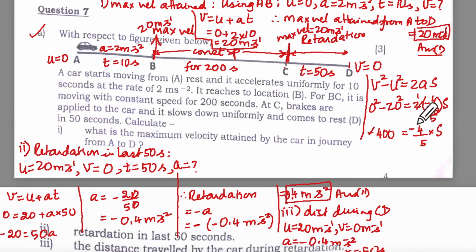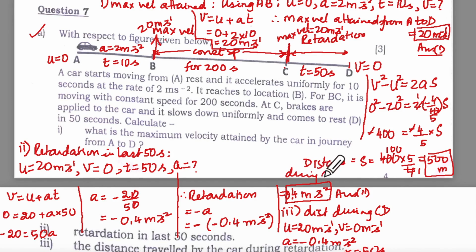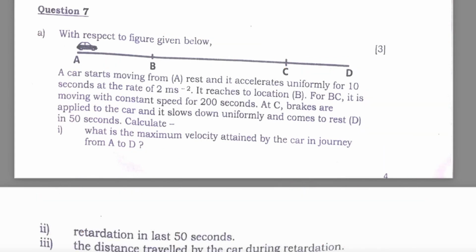Now minus and minus got cancelled, and s equal to 400 into 5 upon 4, which is 500. Very good. 500 meter. And then you'll write distance during CD. Okay, and that is our answer. How is it? Good, bad, or ugly? Okay, understanding.